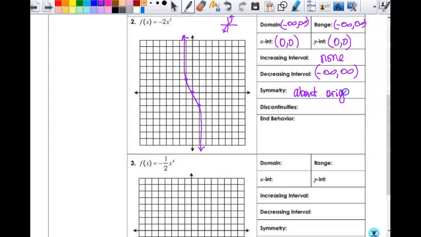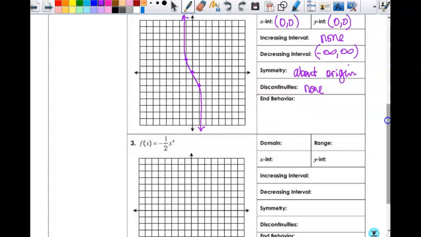Origin. Discontinuities? None. End behavior, as x approaches infinity, y'all can write this out without me saying it. So it approaches negative infinity and infinity. Do we agree with that? Any questions at all? Awesome.